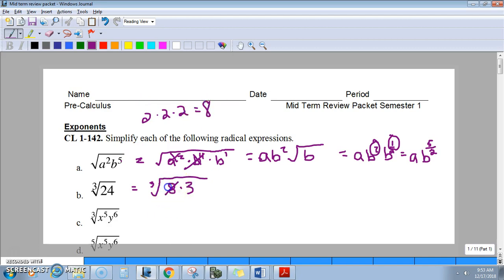So now I can take the 8 out because the cubed root of 8 is 2. That would be 2 cubed root 3. 3 does not have a perfect cubed root. You could rewrite this as 2 times 3 to the 1/3 power, because the cubed root is the same as the 1/3 power. Like I said, I'm not sure what the answers would be.